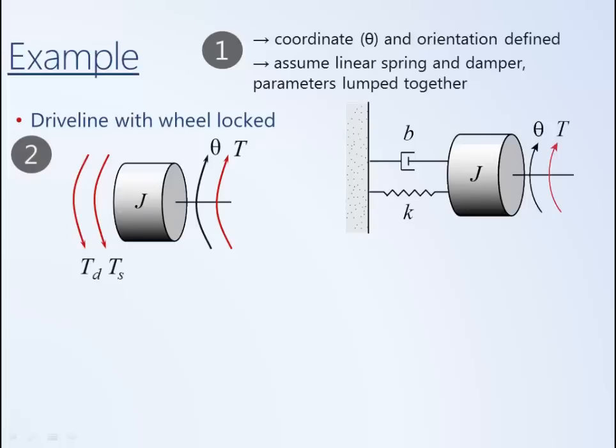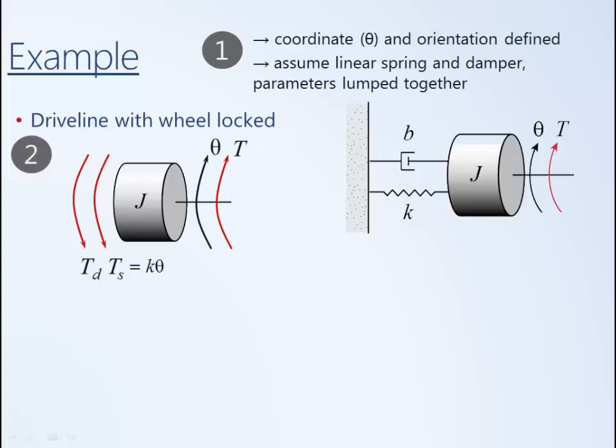And just as we did with the linear springs, the torsional spring is proportional to the relative displacements of the two ends. In this case, the one end of the spring has a displacement of theta. The other end of the spring is fixed, so the relative displacement is theta minus 0, which is just theta.